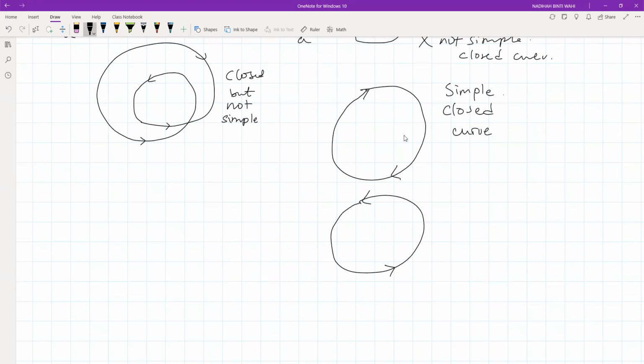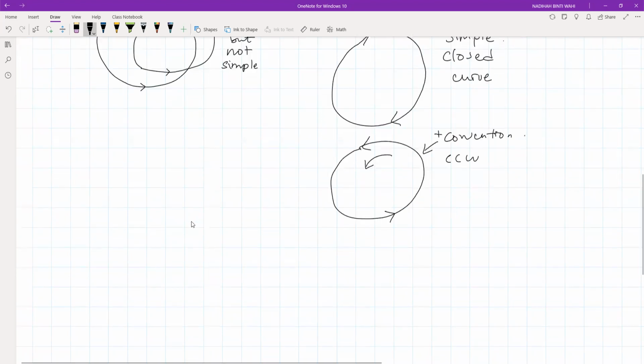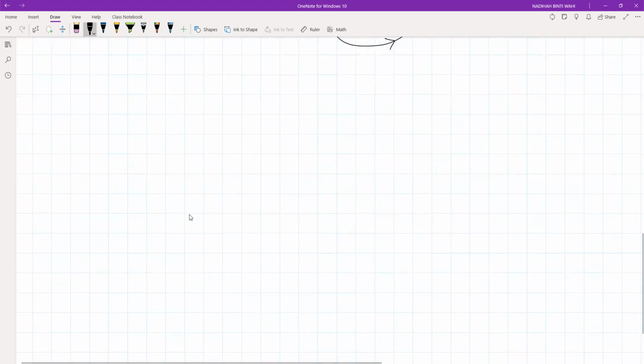The convention of a simple closed curve is that it should be counterclockwise, CCW. This is the positive convention. So this one is negative. If you go counterclockwise, this is the positive convention. Otherwise, it's negative.